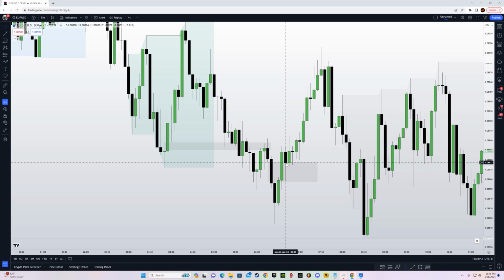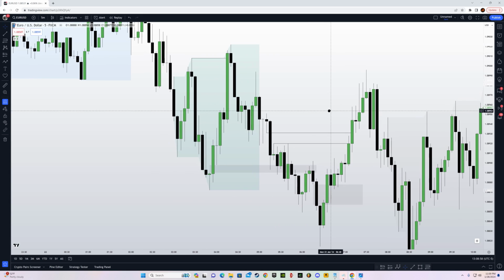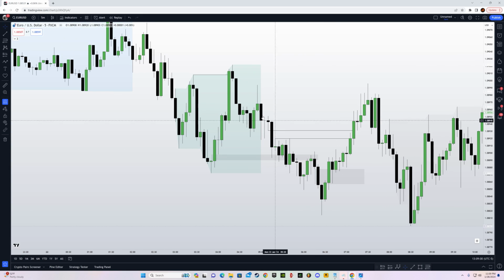And then our entry would be on the retest. We target 1-to-1 or 1-to-1.5. Considering the fact that our entry was here, you could have targeted this fair value gap over here, giving you 1-to-1 at least. And yeah, guys, let me give you one more example, and then I'll end the video.